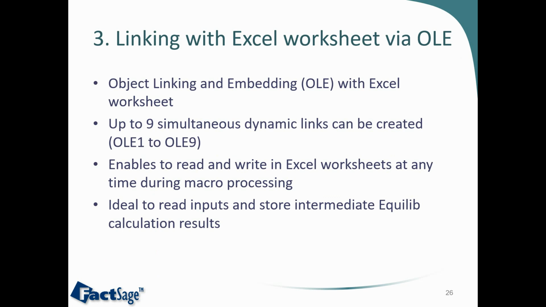You can have up to 9 simultaneous OLE links, named OLE1 to OLE9, created between macroprocessing and Excel worksheets. Data can be transferred from and to Excel worksheets, meaning that you can read and write anytime during the macro execution. This feature is ideal to store inputs and outputs, organize and plot results in an efficient way.